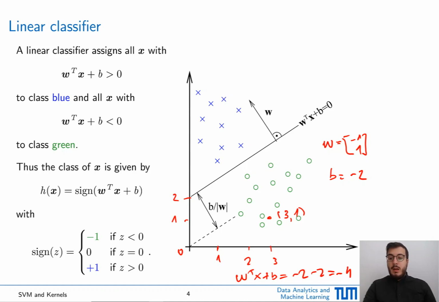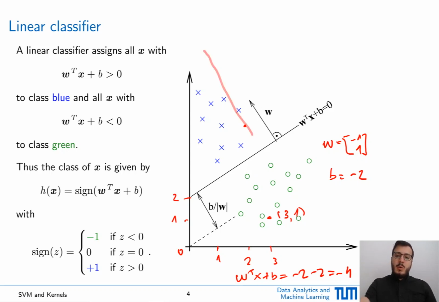And this is true for all of the points below the hyperplane. This expression will evaluate to a negative number. And furthermore, the more negative this value is, the further away from the hyperplane we are, so further down. And something similar holds on the other side. So if we plug in an input x, let's say somewhere over here, this will evaluate as a positive number.